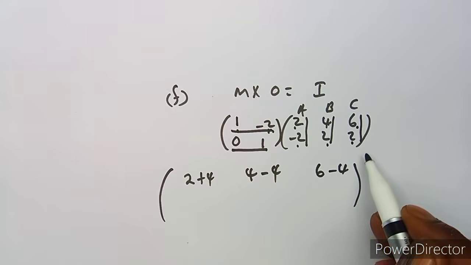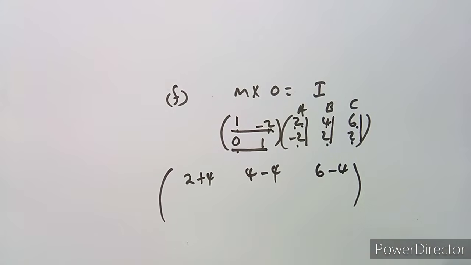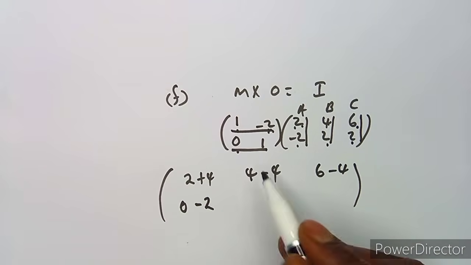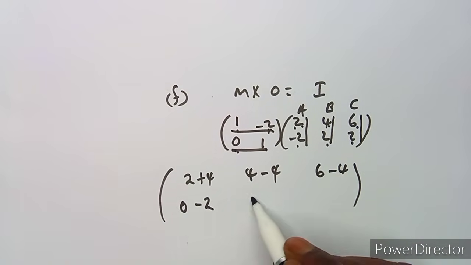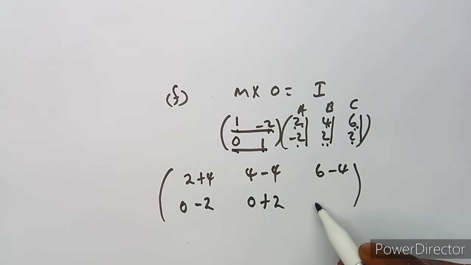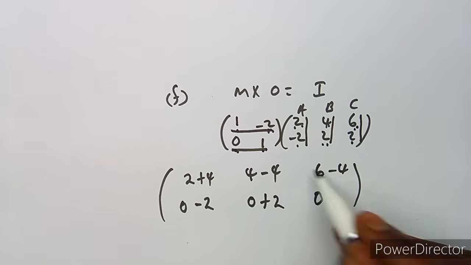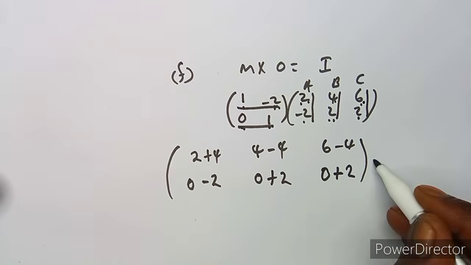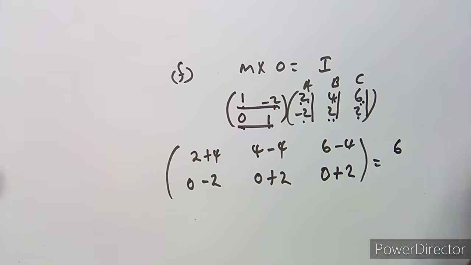We repeat those columns this time. So it's 0 and 2, which is 0, 1 and minus 2, which is minus 2, 0 and 4, that's 0, 1 and 2, which is 2, 0 and 6, which is 0, plus 1 and 2, which is 2. Okay, so we just add properly here, which is going to give us 6.